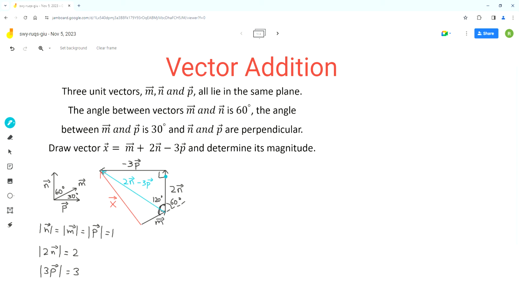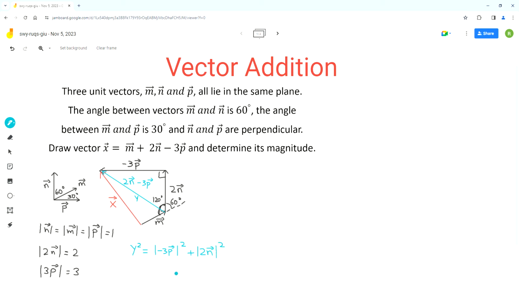Now since it's a right angle triangle, we can use Pythagorean theorem. So let's assume the magnitude of this side length is y. We can write y squared, because it's the hypotenuse, equals the magnitude of minus 3p squared plus magnitude of 2n squared.